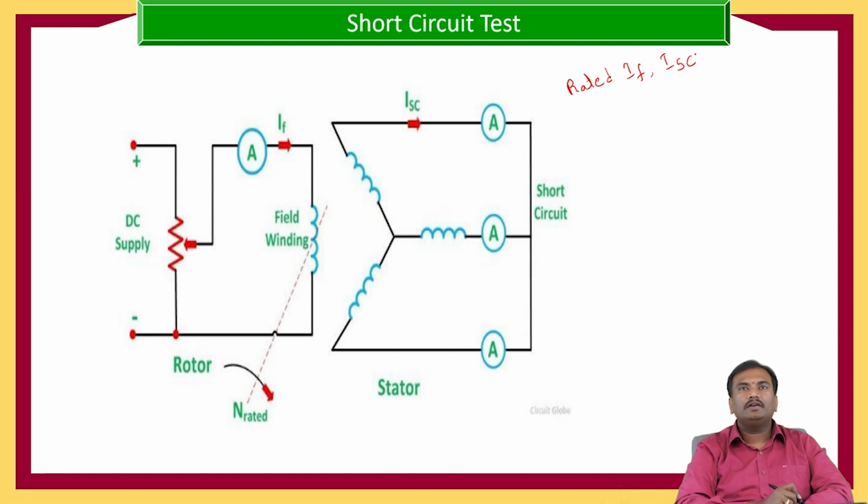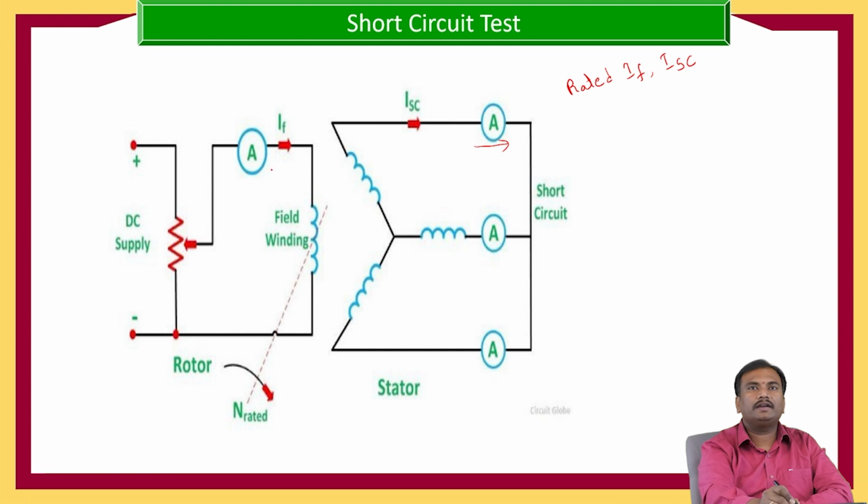When the field current increases, the short circuit current increases, because the ammeters are going to measure the current in the winding.